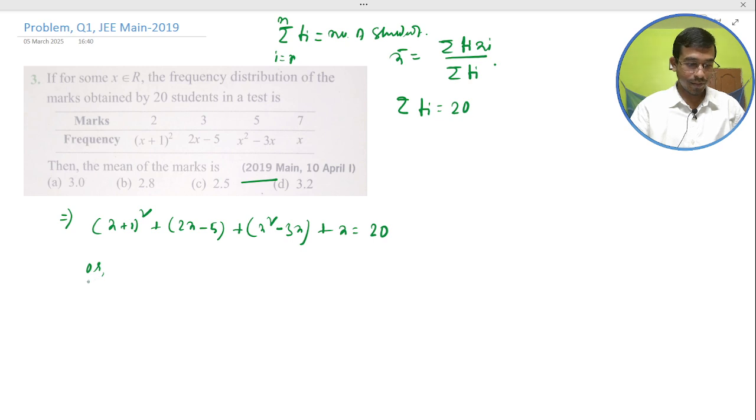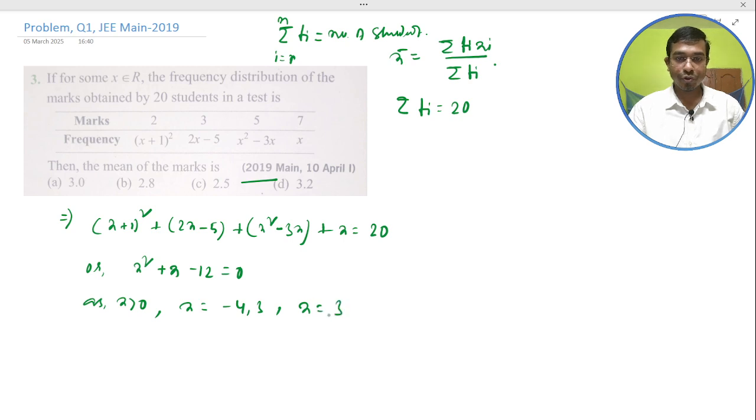So it will become, after solving, you would get the quadratic equation x square plus x minus 12 equal to 0. So as x is greater than 0, the solutions are minus 4 and 3. We choose x equal to 3 as x is greater than 0.